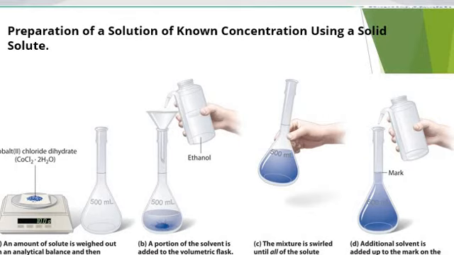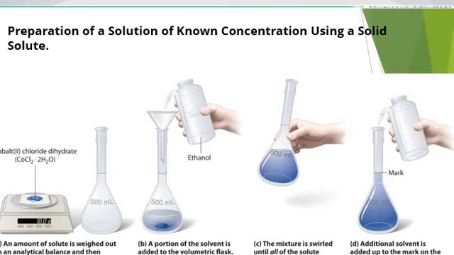This is the illustration of how we will prepare a solution of known concentration using a solid solute. Here we have basically taken a solid solute. We will start by weighing the cobalt chloride in this case. We weighed the cobalt chloride first. If we need 500 ml volume, we have a certain volumetric flask.